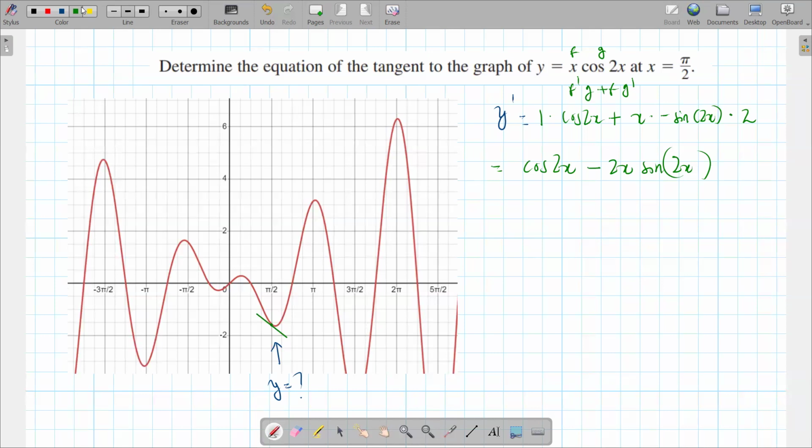Now we're going to plug pi over 2 in here, here, and here. I'm going to do this in a calculator. If they ever give you x values in terms of pi, you have to put your calculator in radian mode. In all calculators, there's a button called DRG, degrees, radians, gradients. This is a French thing.